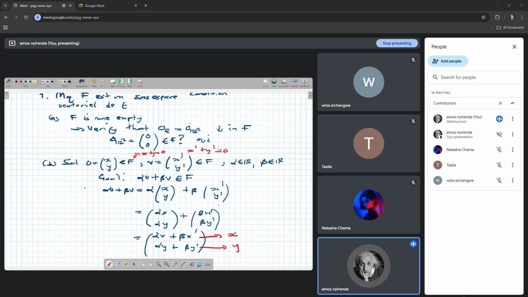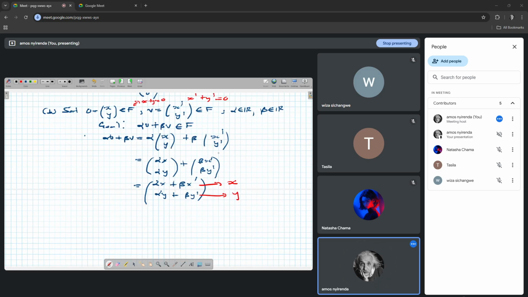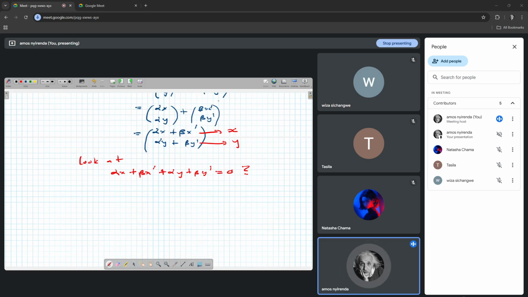So let's look at alpha x plus beta x prime plus alpha y plus beta y prime. Is this going to be equal to 0? That's my question.